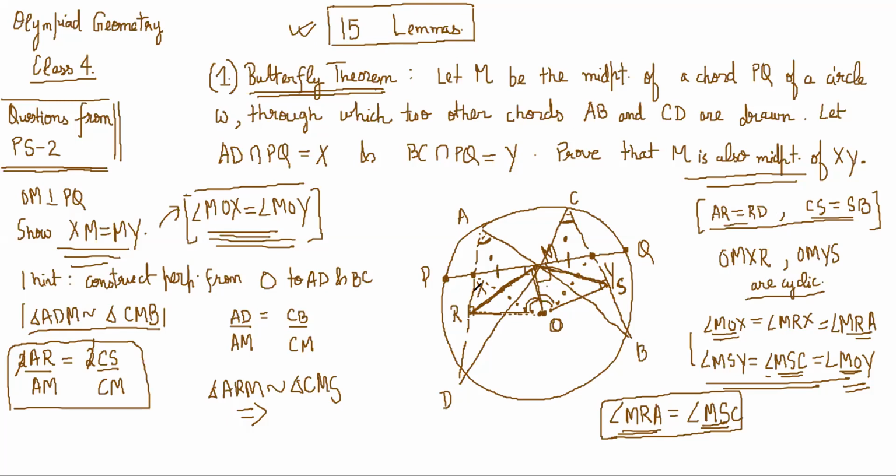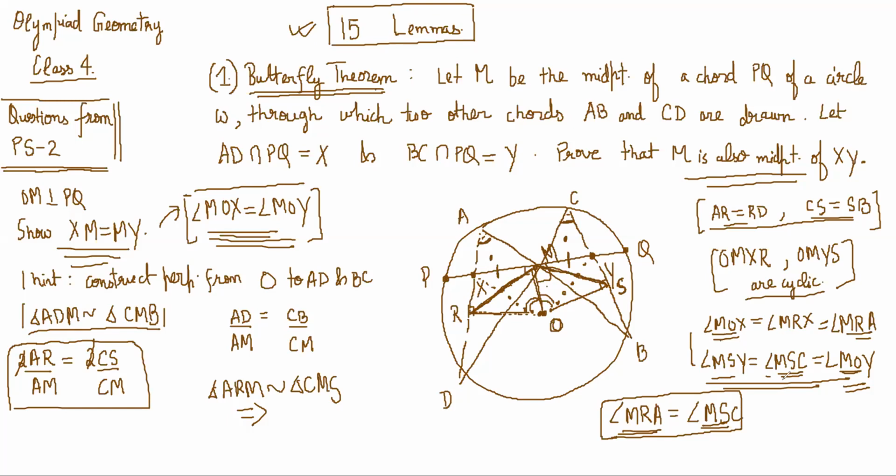As soon as you got that, you can see that OMXR and OMYS are cyclic quadrilaterals because of the 90-degree opposite angles. Now, because of cyclicity, these angles are equal. MOX should be same as MRX because of the same chord, and MRX is equal to MRA.